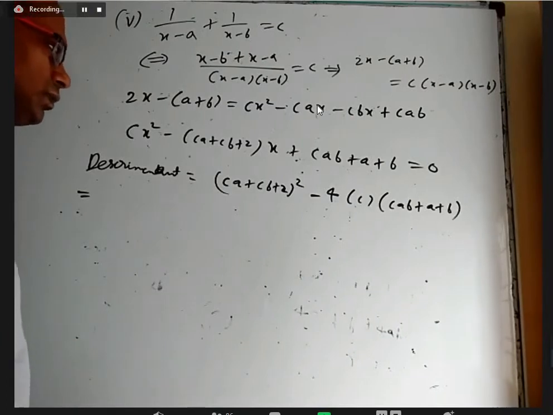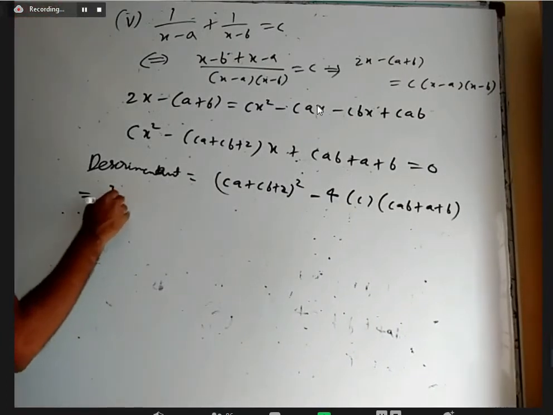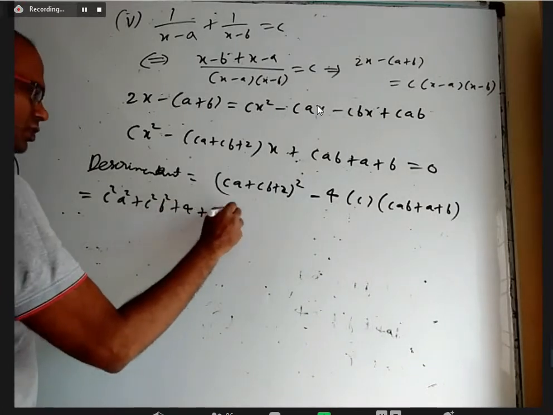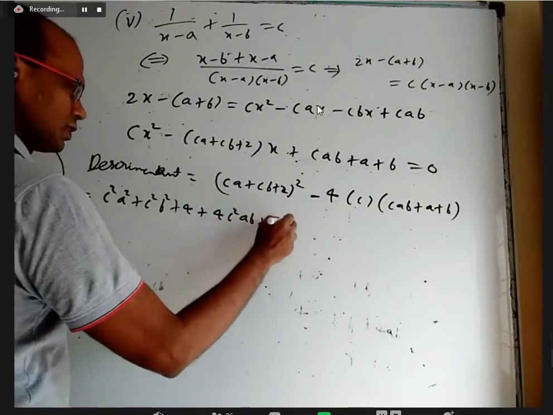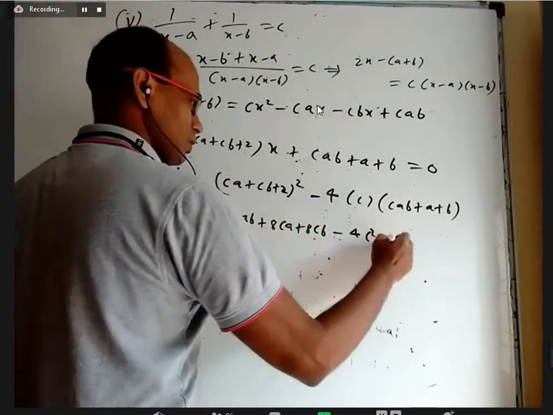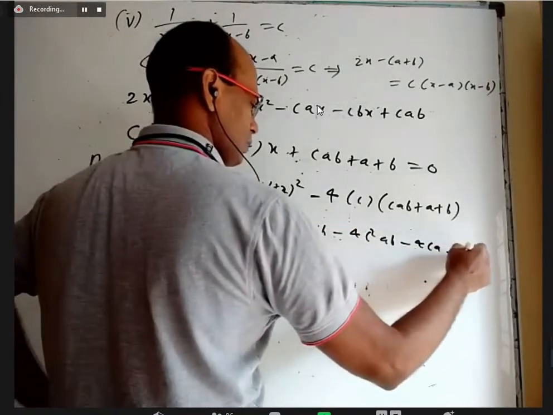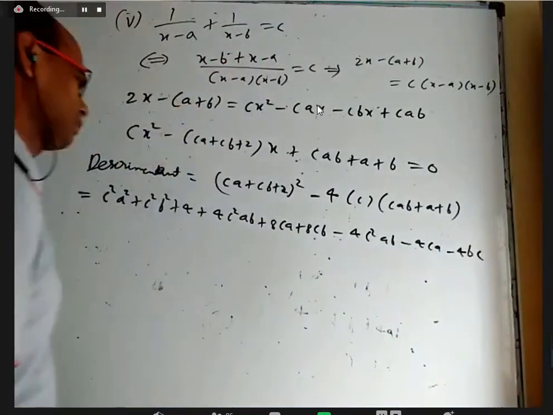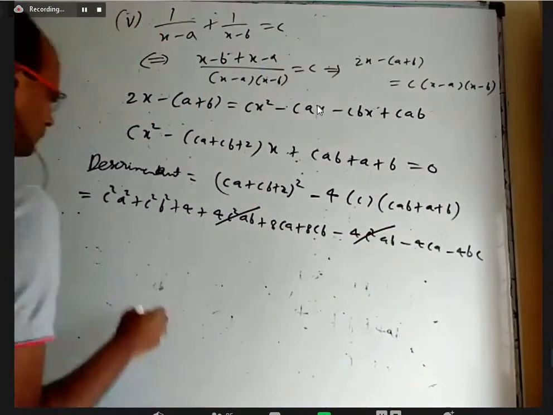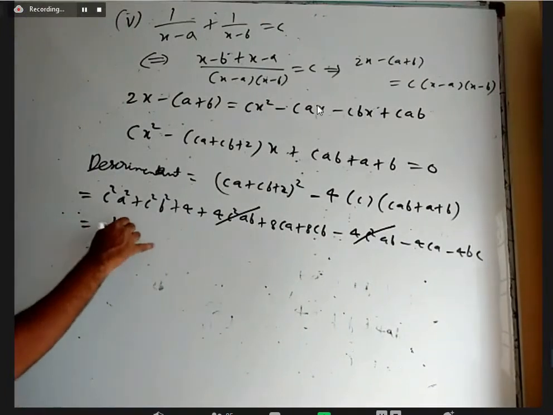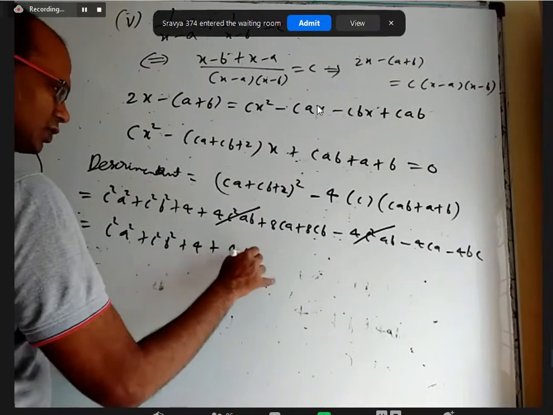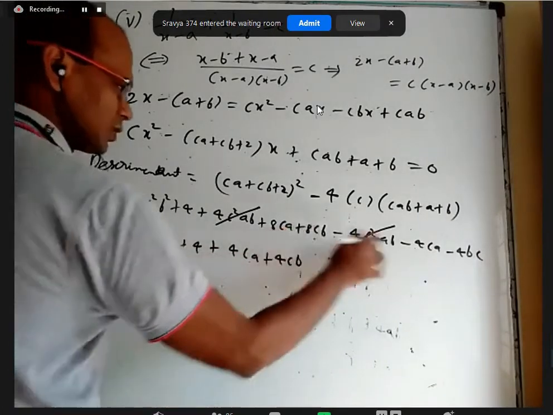C square A square plus C square B square plus 4 plus 4 C square AB plus 8 CA plus 8 CB minus 4 C square AB minus 4 CA minus 4 CB. 4 C square AB got cancelled. We got C square A square plus C square B square plus 4 CA plus 4 CB. This and this together, this.